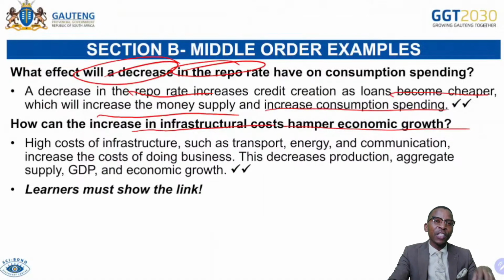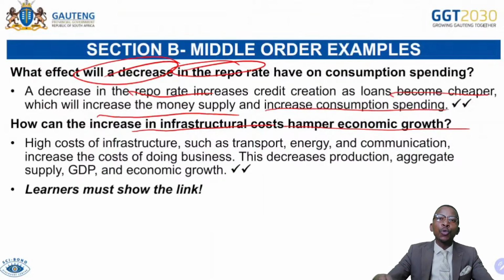So if the cost of infrastructure becomes too expensive for businesses, they tend to focus on paying for those costs instead of producing more goods and services. So as the cost of infrastructure increases, that becomes a disincentive to businesses. They tend to spend more money on the cost of doing business instead of producing goods and services. High cost of infrastructure such as transport, energy, and communication normally do what?